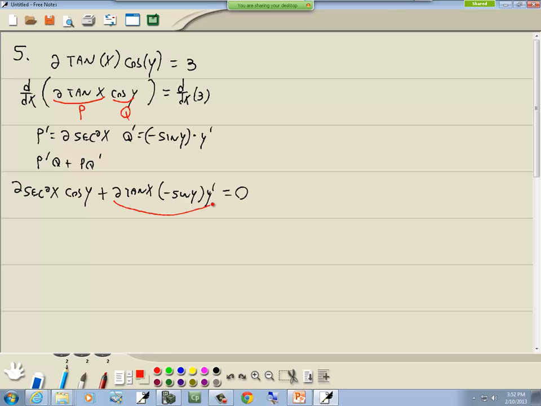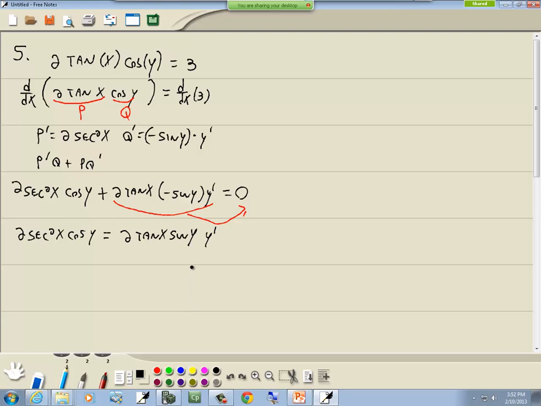So I'm going to go ahead and take this grouping here over to the right side. Now this is really a negative 2 tangent x sine y, y prime, because it's negative here. So when I take it to the right side, it becomes positive. So we got 2 secant squared x cosine y is equal to 2 tangent x sine y, y prime.